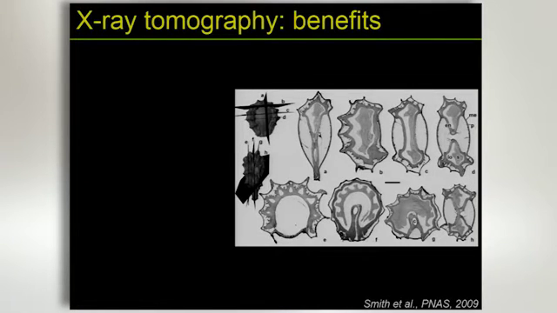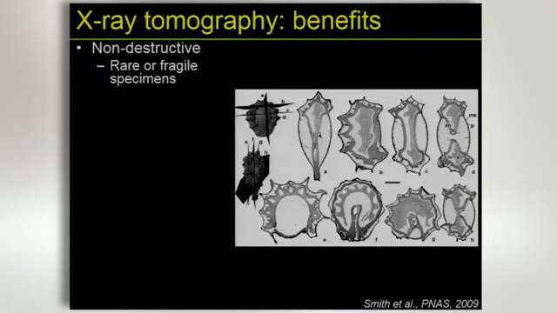One of the nice things with them too is there are a lot of benefits. One is that it's non-destructive. So we can actually look at very rare, very fragile specimens, which is really helpful, especially for our fossils, where museums and collections usually don't want things destroyed, especially if there's only one or a few of them.